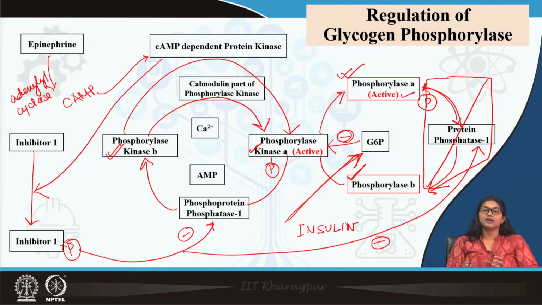So, this is regulation of glycogen phosphorylase by covalent modification, phosphorylation and dephosphorylation, activated by epinephrine following a cascade of enzyme activation, as well as there are a few allosteric activators and inhibitors.